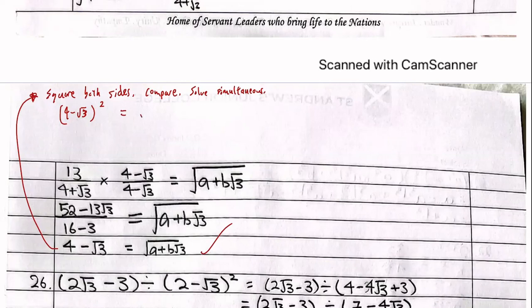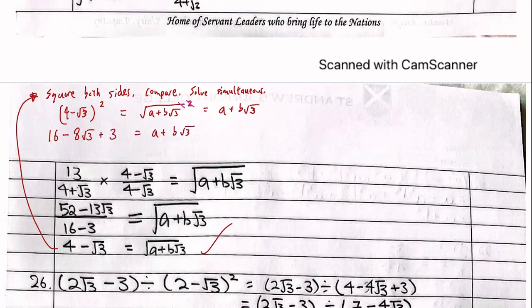So square the square root. They will cancel each other off. Then you are left with a plus b root 3. Let's simplify the left-hand side. So we get 4 squared is 16 minus 2 times 4 times root 3, 8 root 3, plus root 3 squared is 3, equals to a plus b root 3.